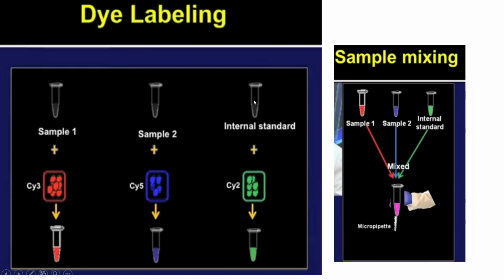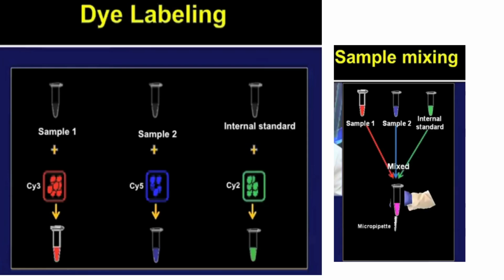When you visualize, the green will be everywhere because it has both sample 1 and sample 2 together. Whereas when you visualize with the Cy5 dye, only those will be seen, and with the Cy3 dye, only those will be seen. So this helps in much better analysis than two-dimensional electrophoresis.